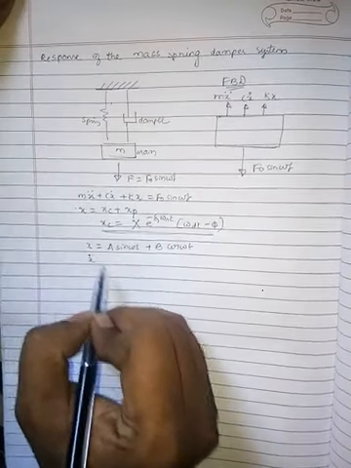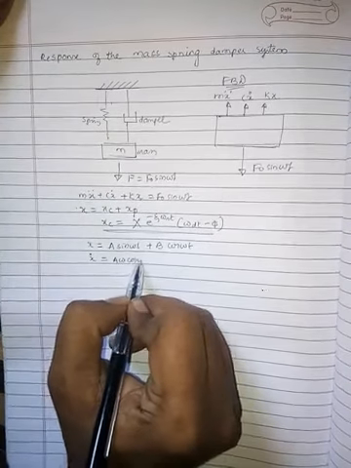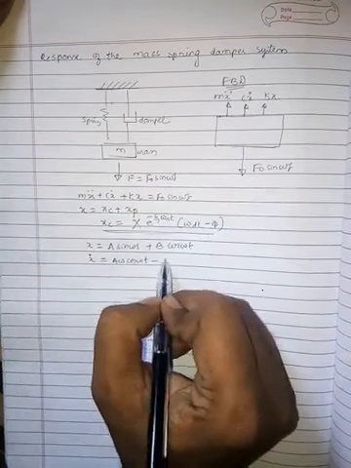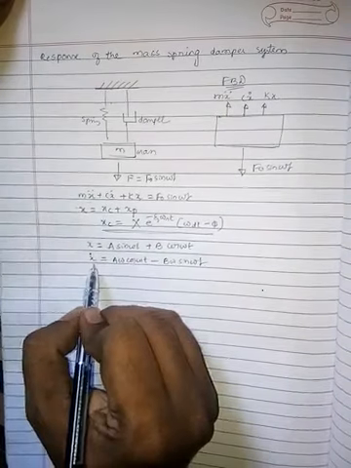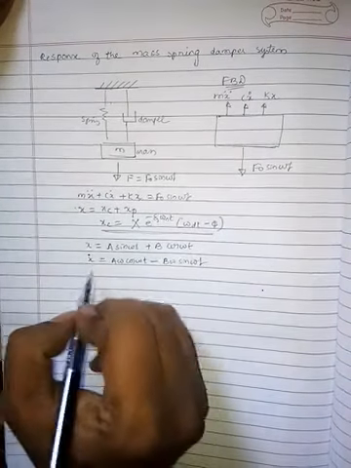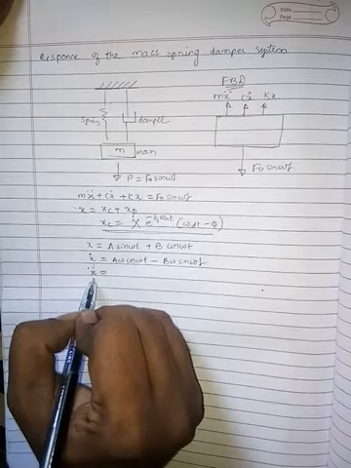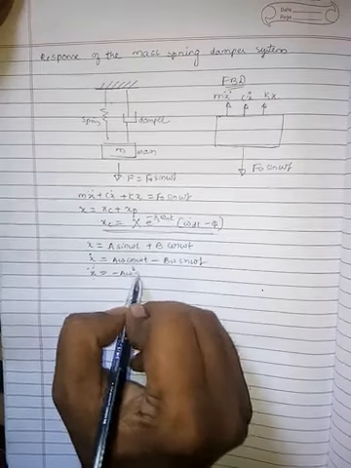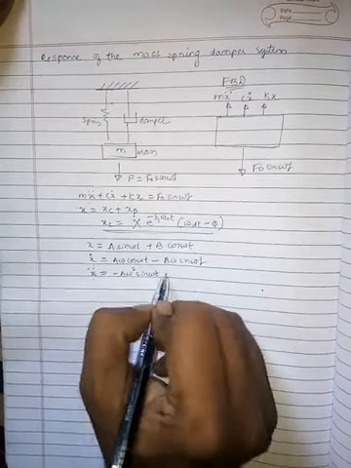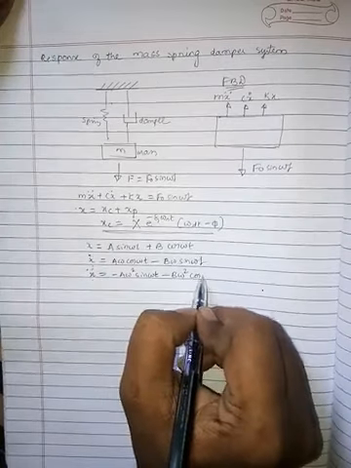Differentiating the displacement component, we have a omega cos omega t minus b omega sin omega t. This is the velocity component. Similarly, differentiating the velocity component, we get the acceleration component, that is minus a omega square sin omega t minus b omega square cos omega t.